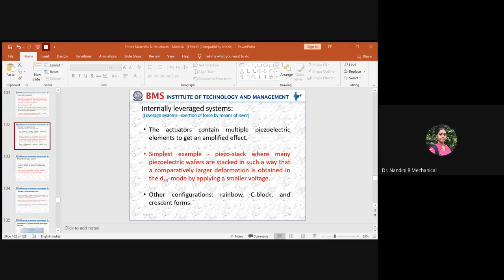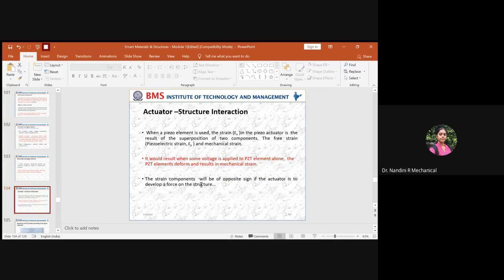Yes. So basically, we dealt with what we mean by a leverage system. We focused on the leverage system with respect to our piezoelectric element, and how an actuator could be used for internal as well as external leverage systems. Later, it was essential to understand the interaction between an actuator and a structure, or an actuator and a substrate, and how the strain gets varied.